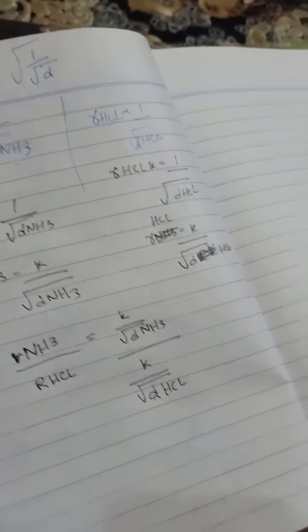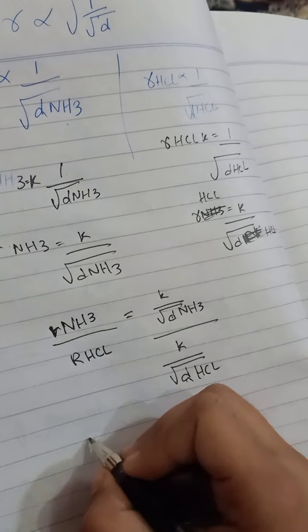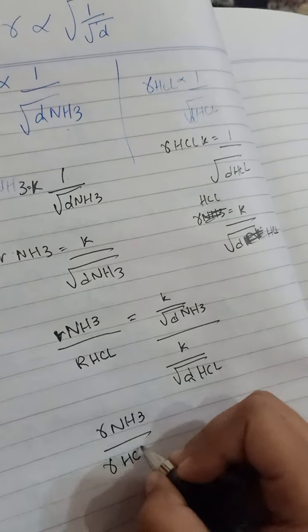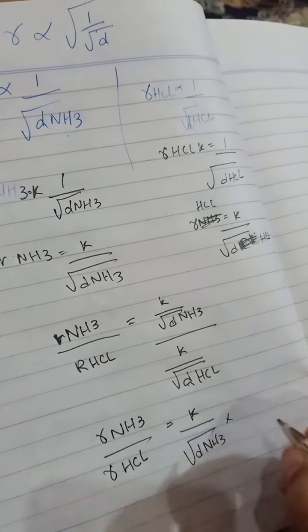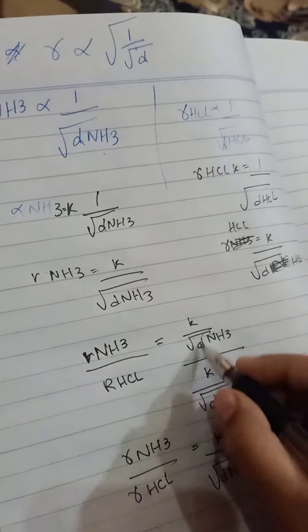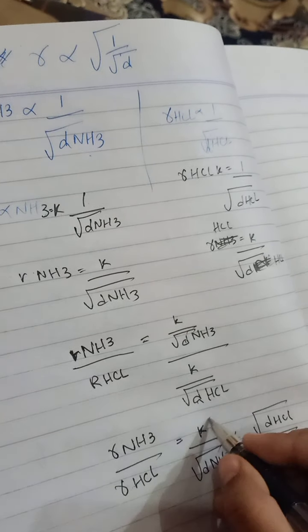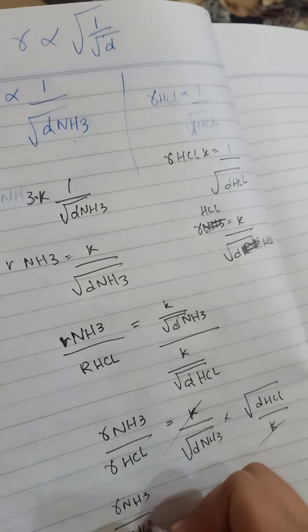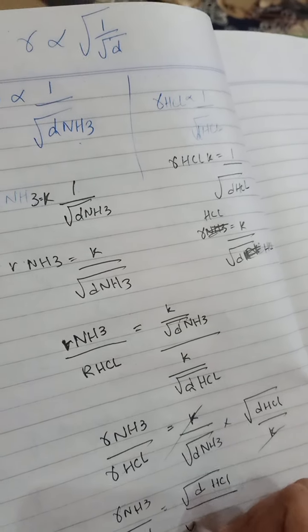Then K cancels with K, and we can write R NH3 upon R HCl is equal to the square root of density of HCl upon density of ammonia.